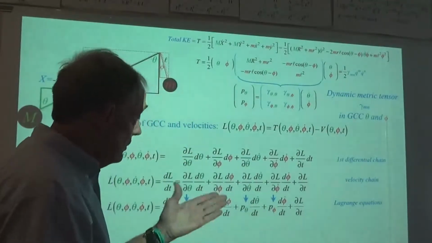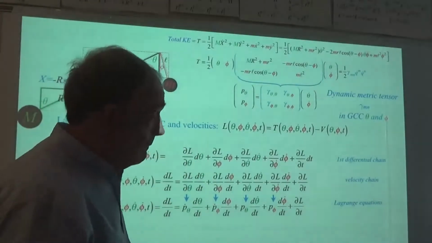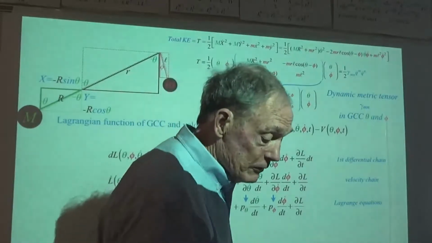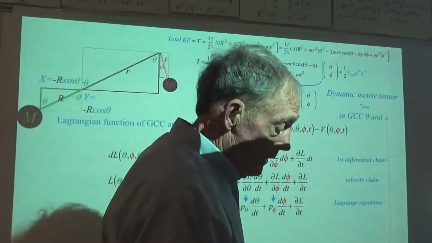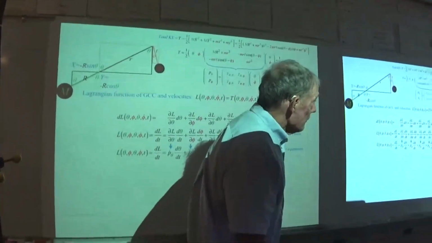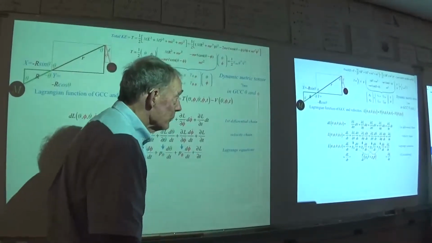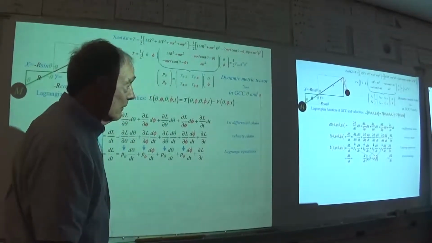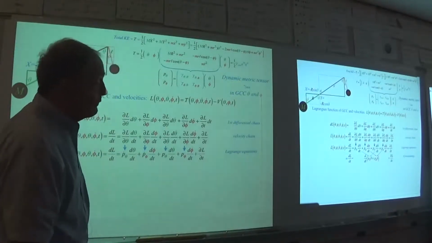Okay, so Lagrange equations now go into this, and that is a repeat of what we did with the polar coordinates, but now we've got a whole trebuchet here that's making trouble for us. So we simply look at that as a product derivative. That is the total time derivative of the product of momentum with velocity.